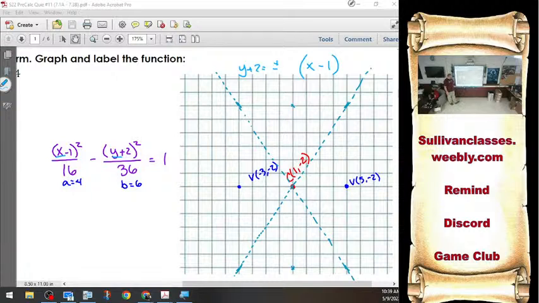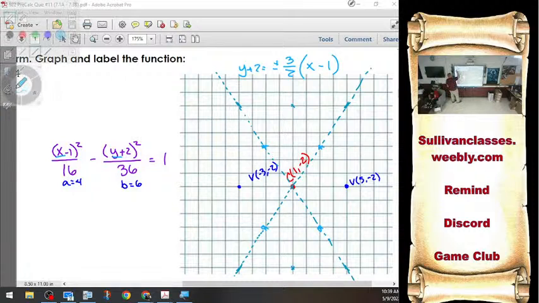So 6 over 4 reduces down to 3/2. And I should see if I went from that center up 3 over 2, up 3 back 2, down 3 back 2, over 2. Okay, it does have that slope to it. So whether it's reduced or not.